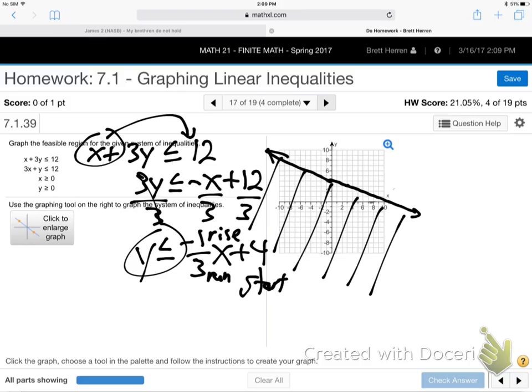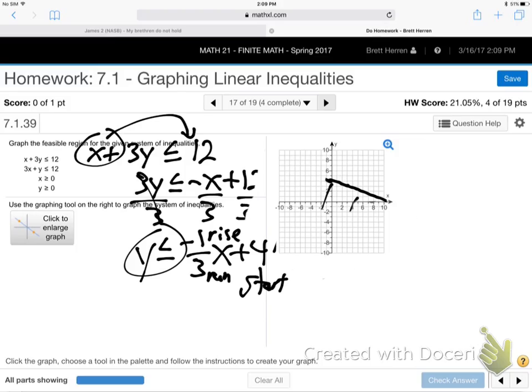So let me just do that right now. All I care about is the first quadrant. Does that make sense? That's what the x greater than 0 and y greater than 0 mean. You'll have to put in a separate line, x equals 0 and y equals 0, and shade. All right, now let's do the second equation.